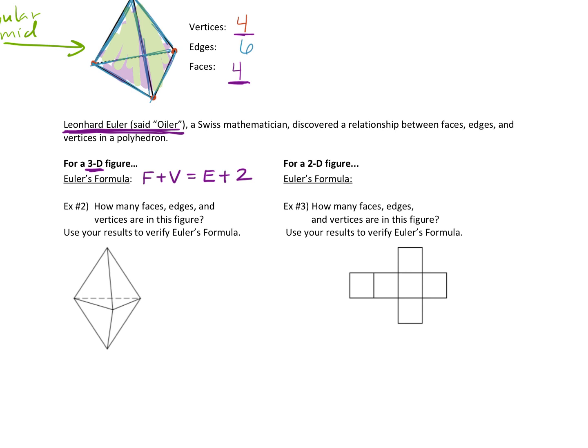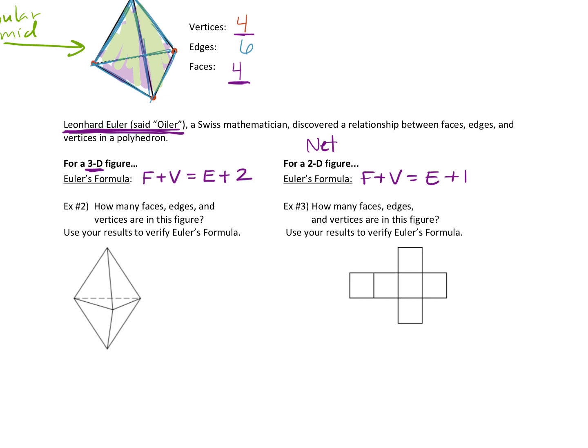Because right now this edge and this edge and this edge all share that vertex, but when we open it up, that vertex shows up in a few different places when you make it a net, right? So the formula for a two-dimensional figure, the net, is faces plus vertices equals edges plus 1.